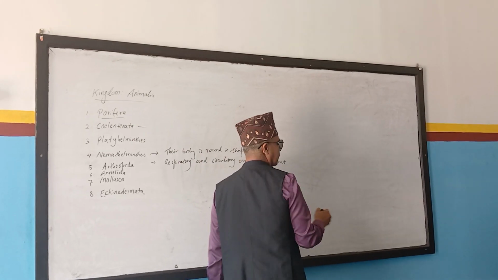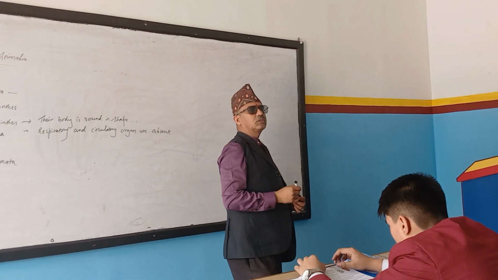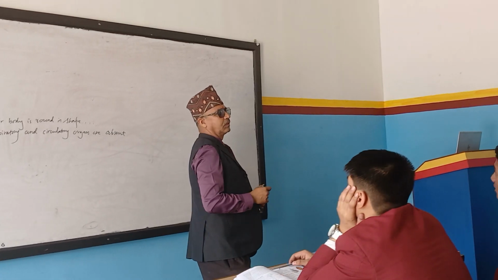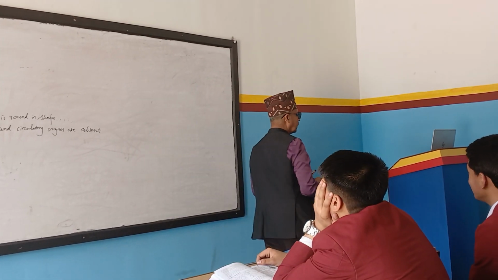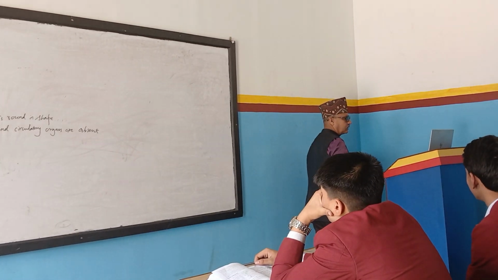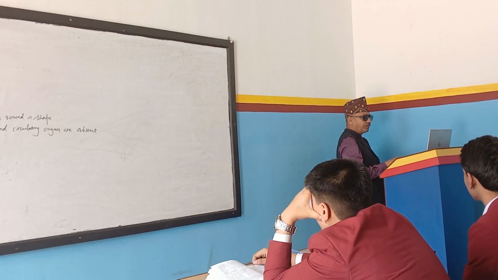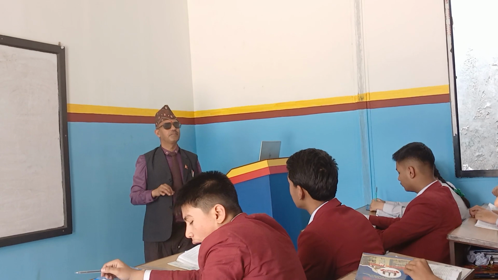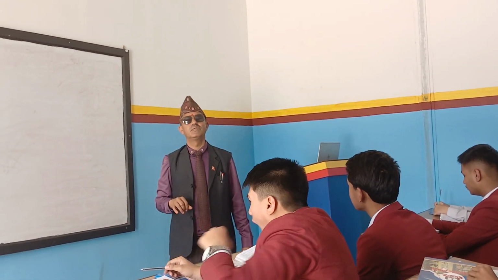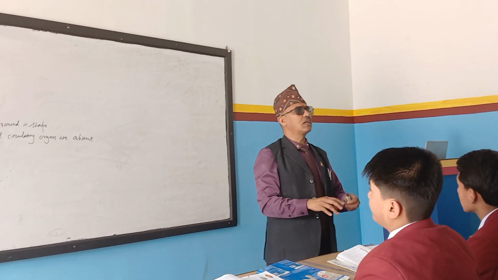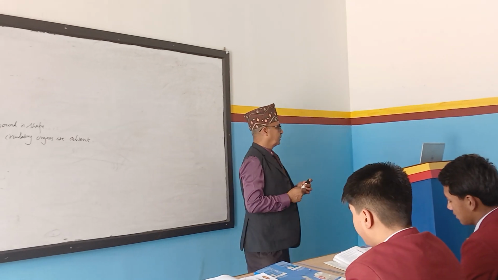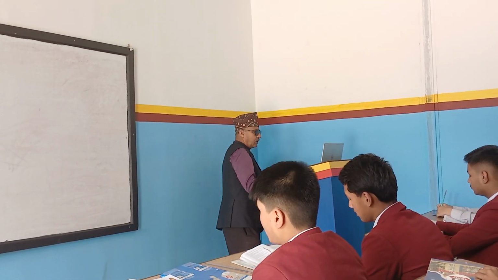Okay? Without respiration also they can survive. And blood is not present in them. But how do they respire? From their general body surface, from outside only, they can respire.